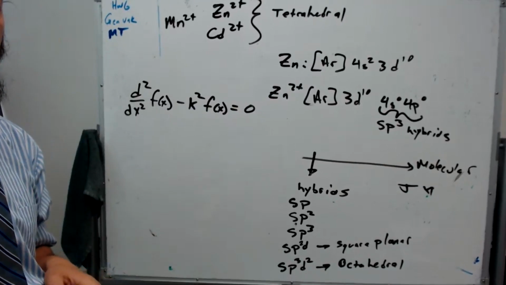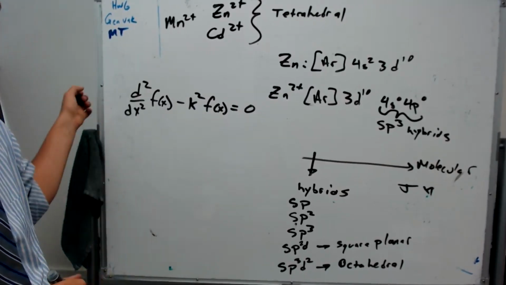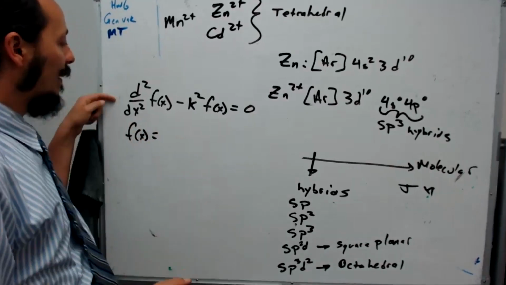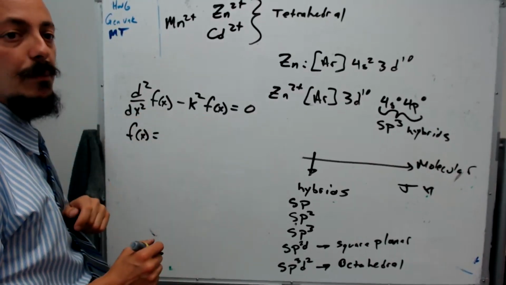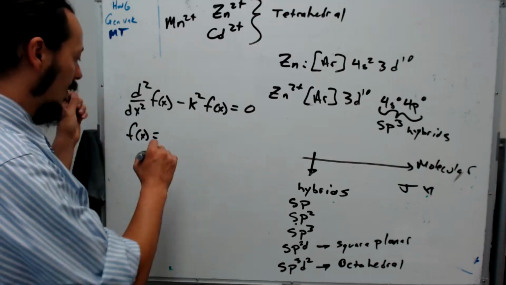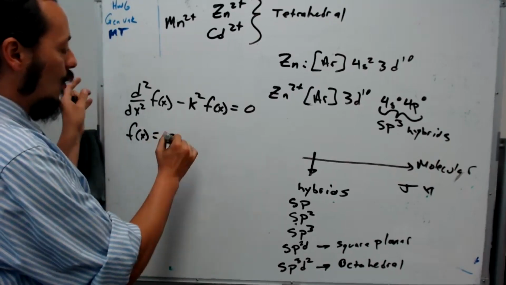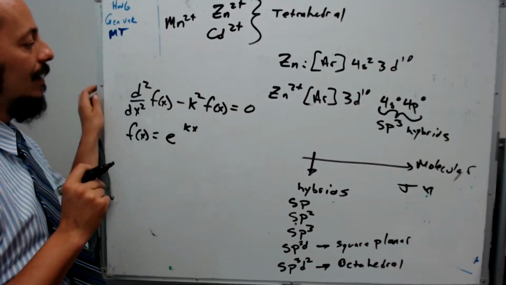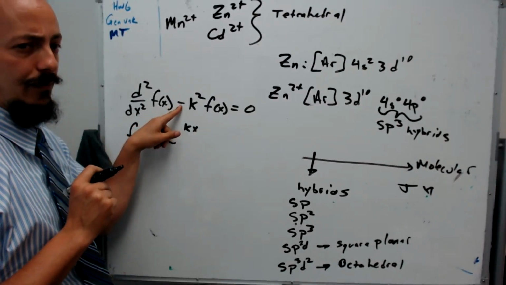Here's a differential equation. What's a good f of x we could use for this? We want the second derivative to return the same thing. Now, we're going to want e to the kx because we want a k to come out of it. And we also want it to turn negative.